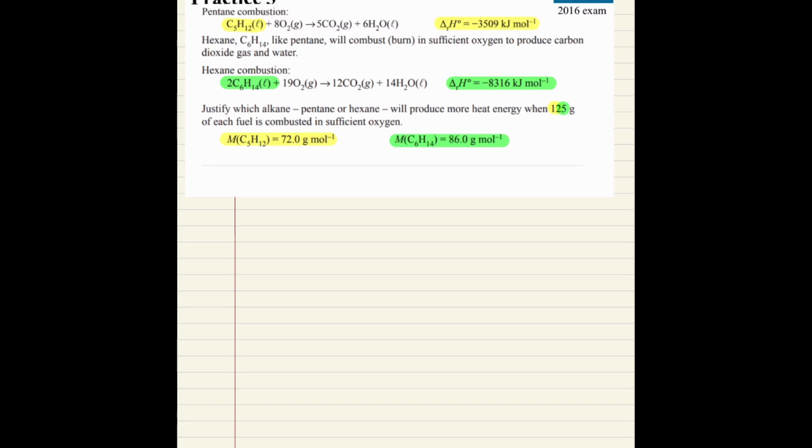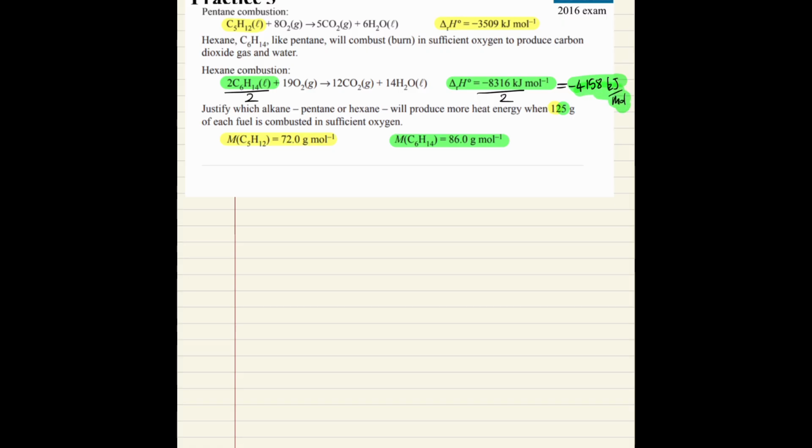Now I've seen with hexane, there's that cheeky 2. I'm going to go ahead and make sure I'm talking about 1 mole of the substance. So before I even start any calculations, I know that I have sorted that. So -4158 kilojoules per mole. Go ahead and highlight that value.